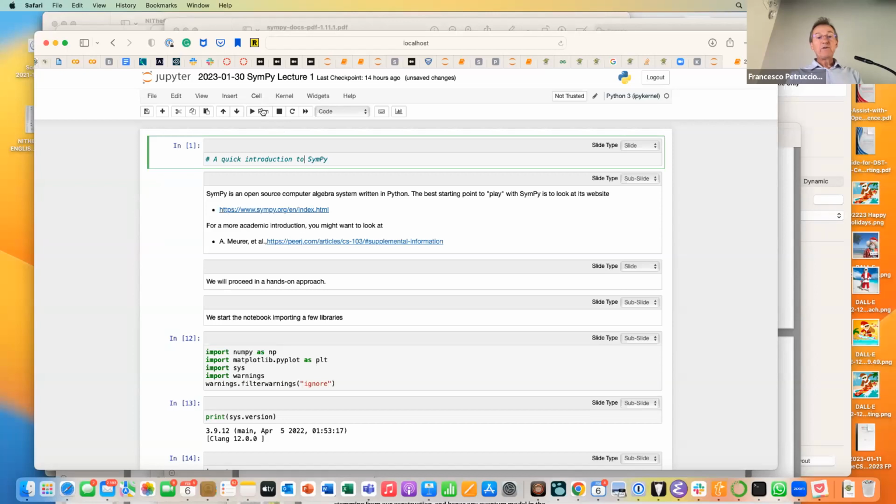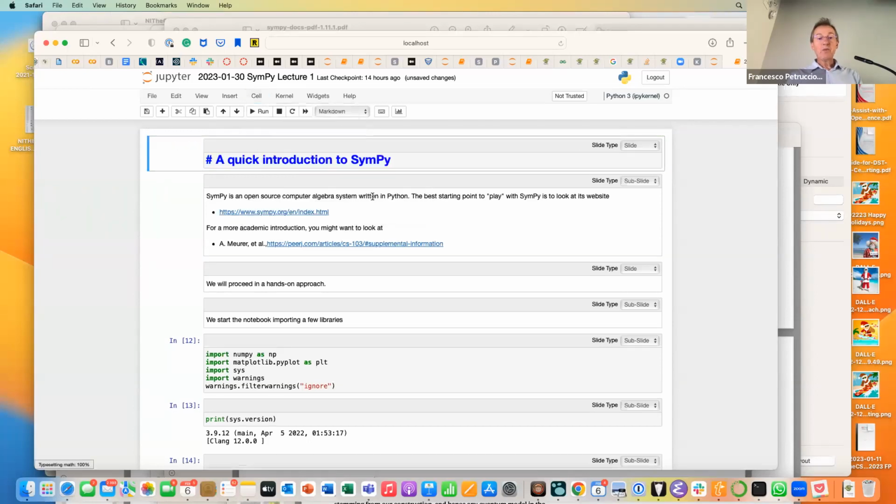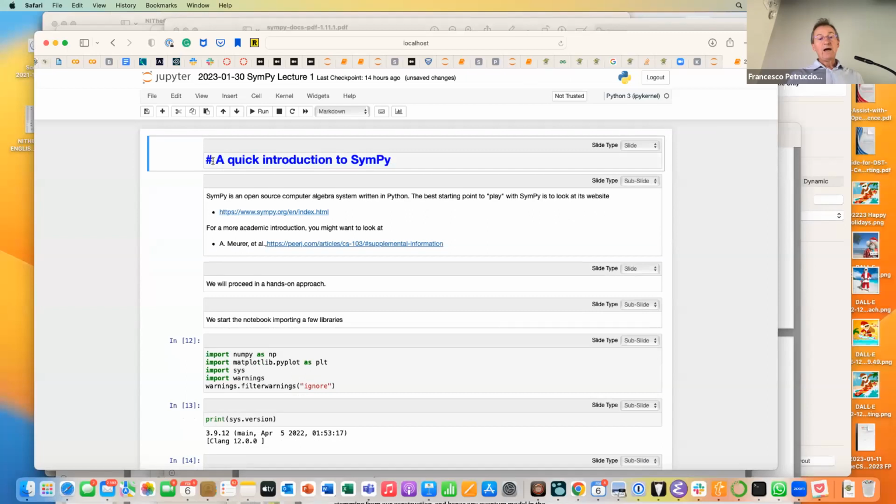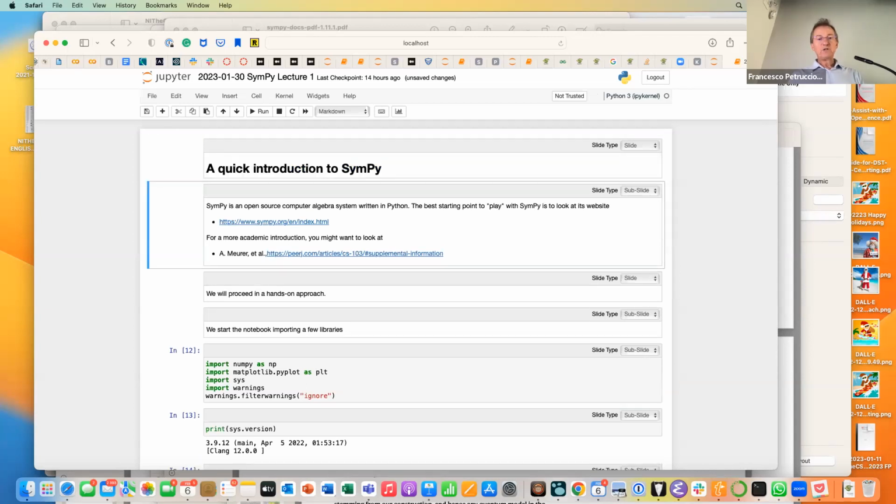But if I change it to Markdown, it uses all the Markdown commands. If you look here, I have started the line with a hashtag. The hashtag means a high-level title, so this gives you this size.